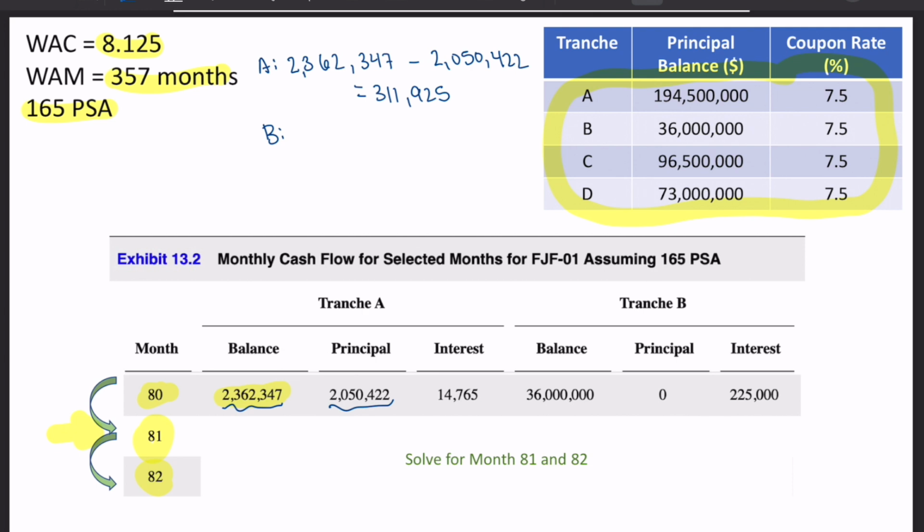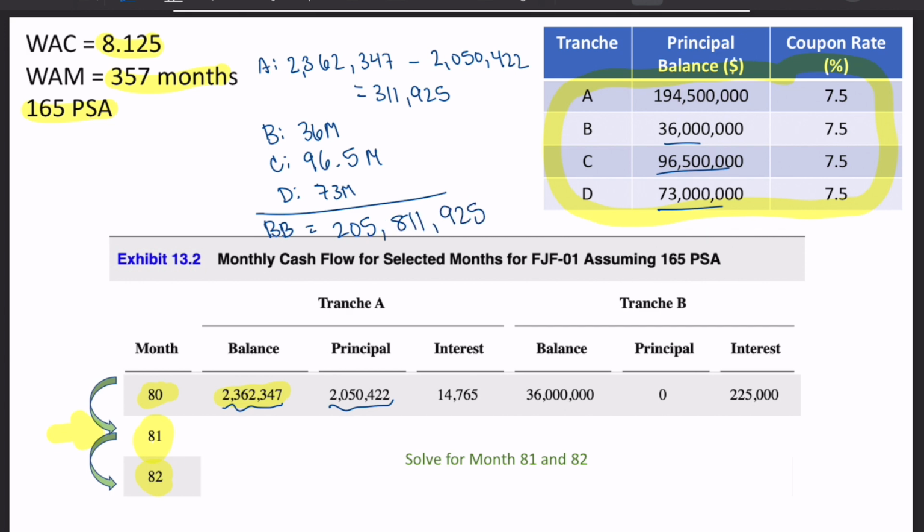B has not been paid off yet, so it still has the full $36 million. C also has not paid off, so it has the $96.5 million. And then D, still the $73 million. So the beginning balance across all the tranches for month 81 should be $205,811,925. And first going through and filling in that beginning balance value.